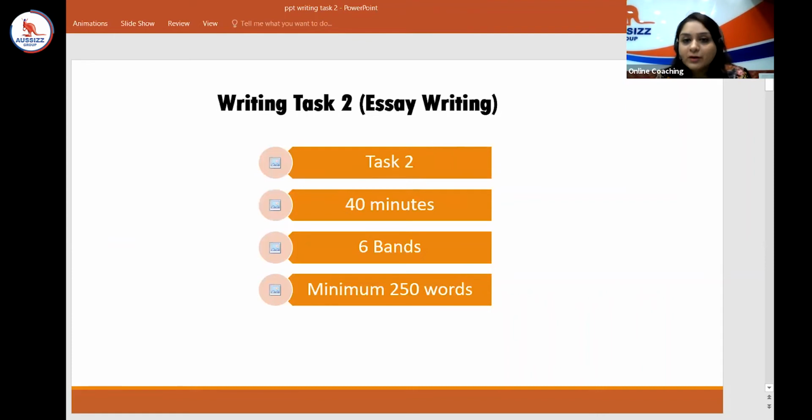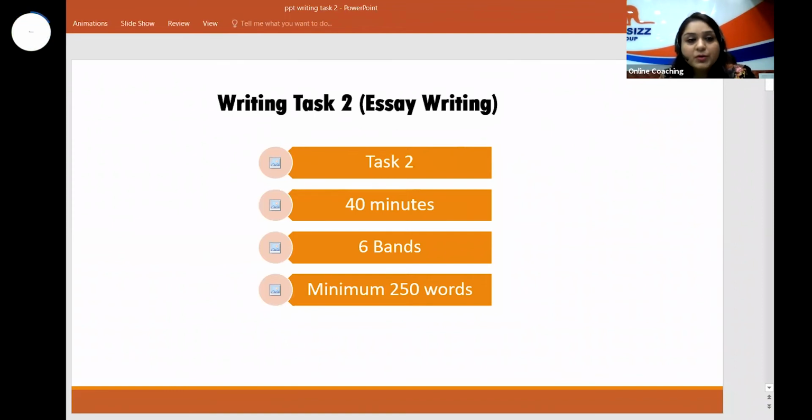We have 40 minutes for that. It includes 6 bands out of 9, because Writing Task 1 includes one third of your assessment, but Writing Task 2 has a total of 6 bands, that means two thirds of your assessment.